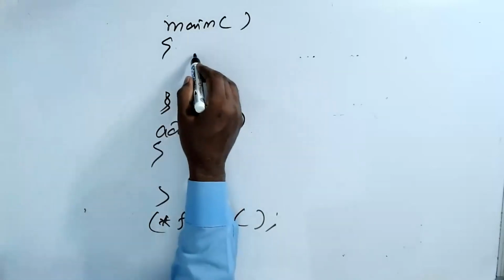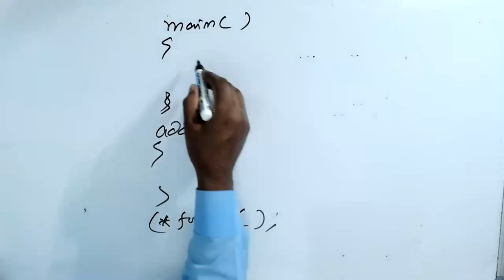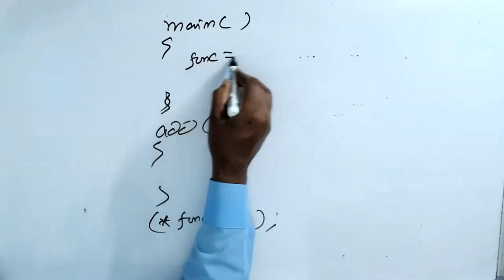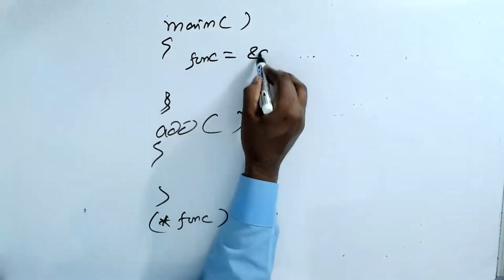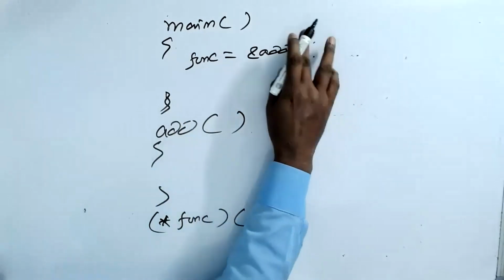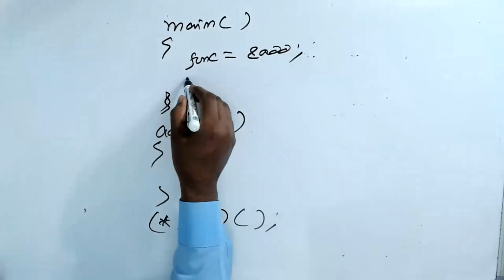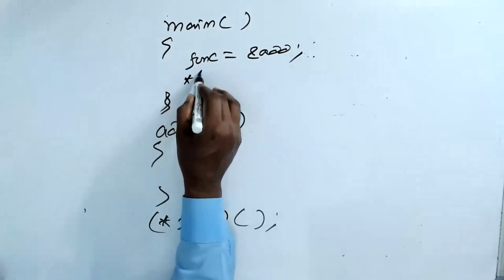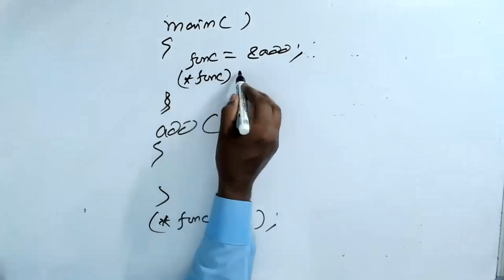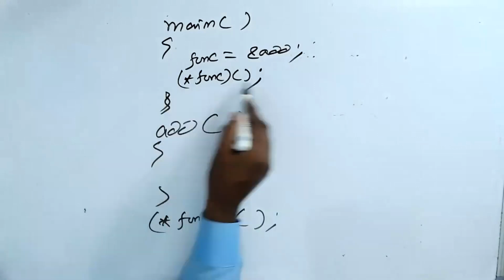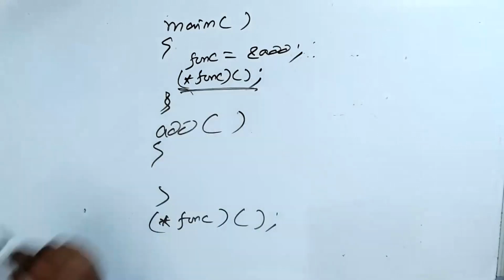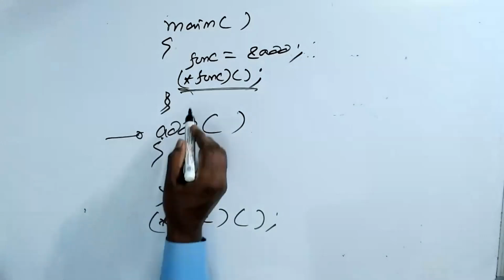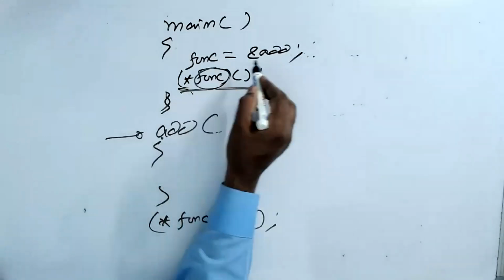I will put here function is equal to add. Now you write here star function. If you call it now, you are calling the star function, but this function will be called because you initialized this function with this address.